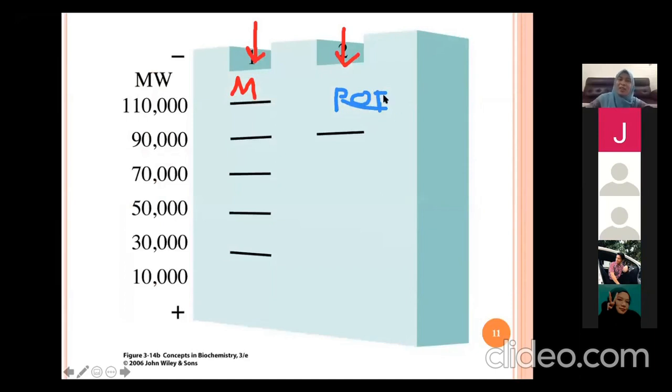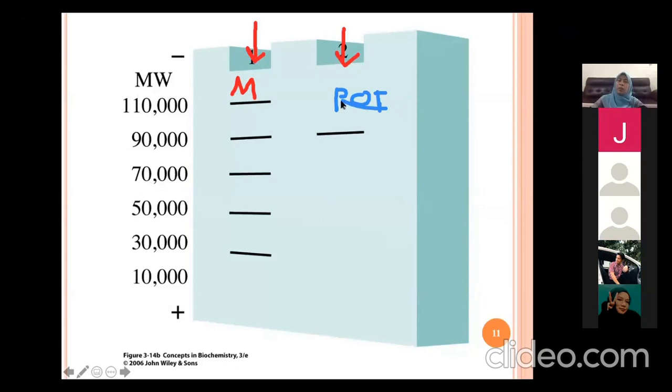Once you start to apply the current, you can see that your protein of interest will move together with the marker, and then it will stop once it has reached its destination. Once the lowest protein has reached the bottom of the gel, you stop.